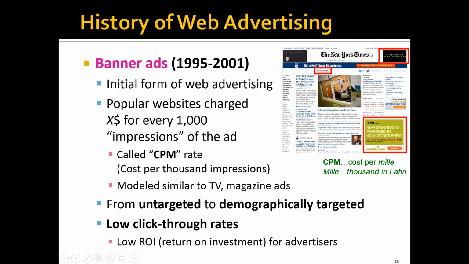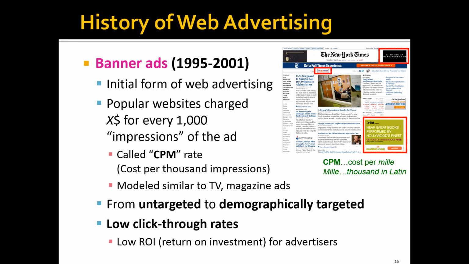As you can see here, this is a website, and these parts inside the red boxes are some example banner ads. So basically, popular websites will charge some amount of money for, let's say, 1,000 impressions of the ad. An impression basically means that it shows the ad once.